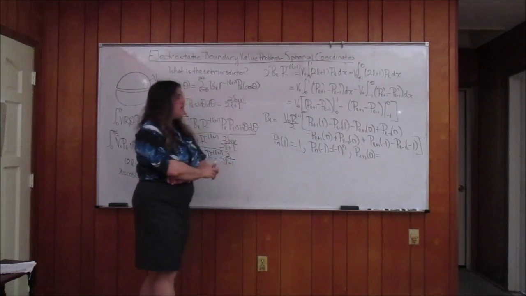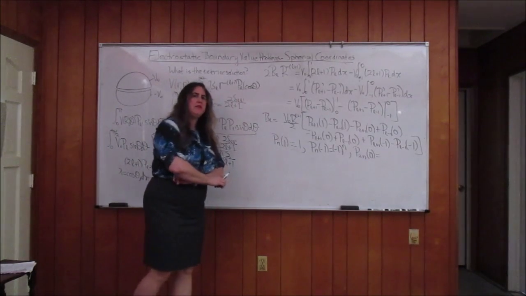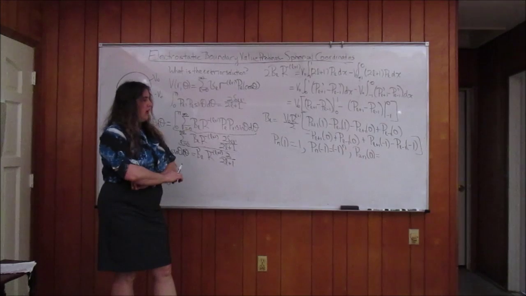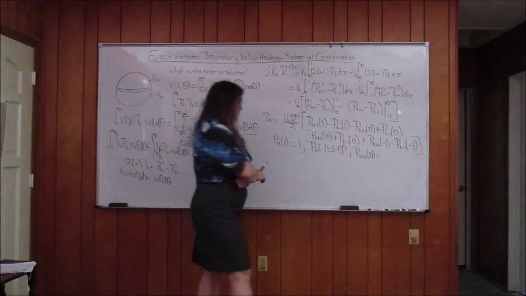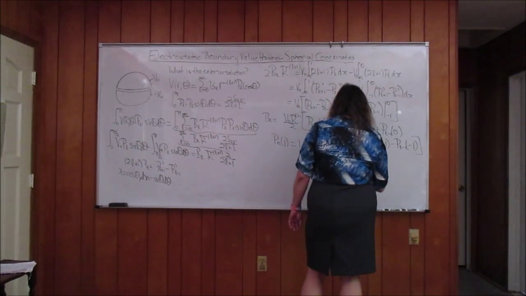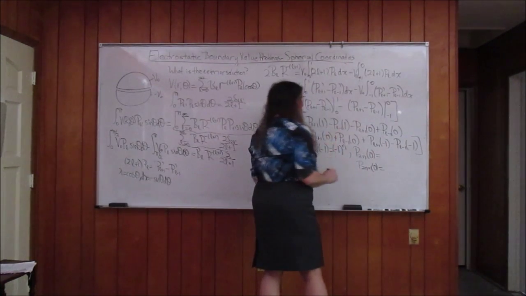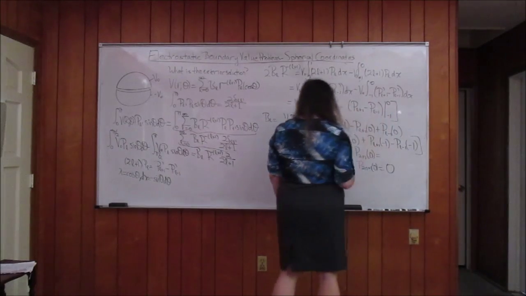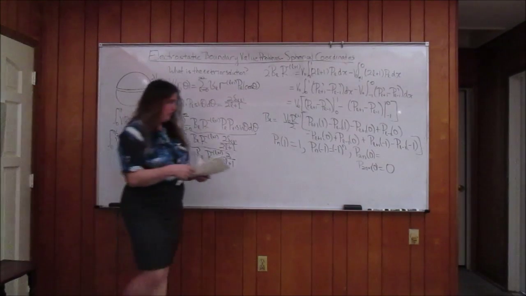And for even orders, evaluated at 0, this is where you do need a cheat sheet.